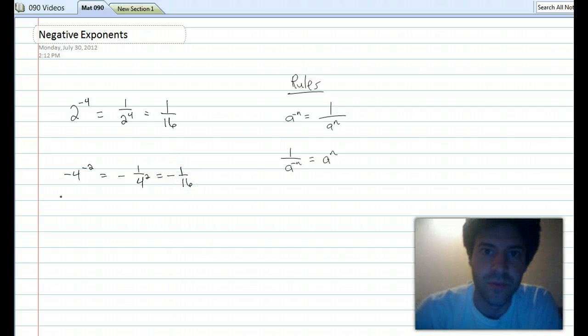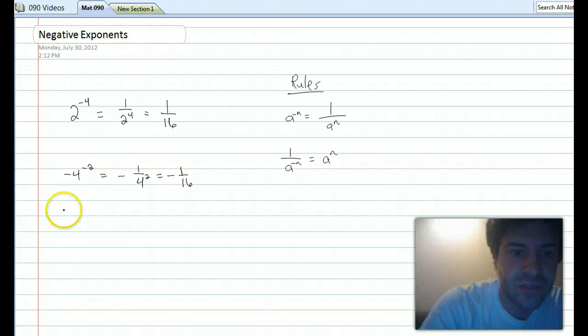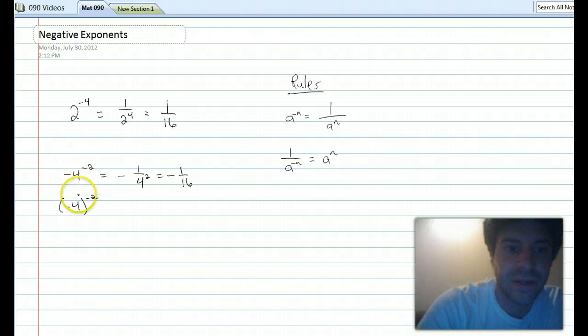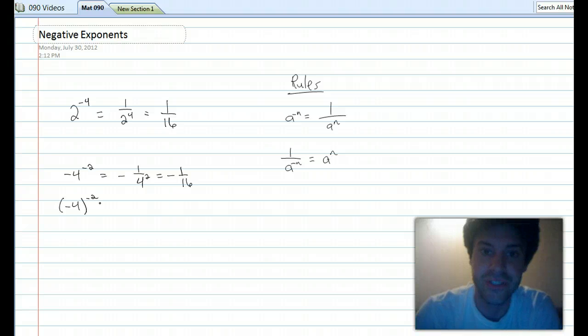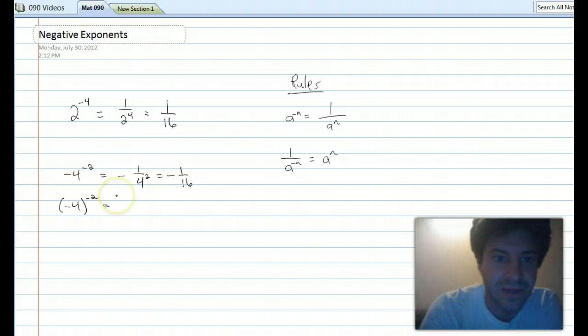Now this leads me to another point. And the point is that these two lines, the negative 4 to the negative second power, and then this entire negative 4 in parentheses to the negative second power, are actually two different things. In the top line, the negative 2 power is just on the 4, not on the negative sign. But in the bottom line, the negative 2 power is on the entire negative 4.